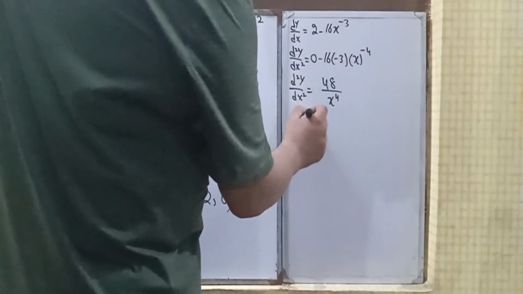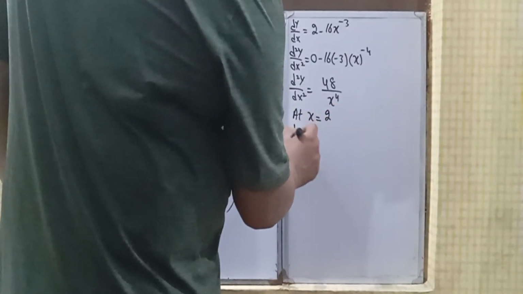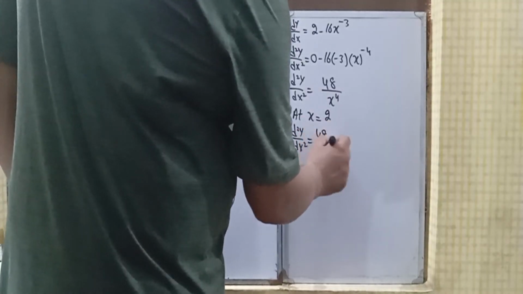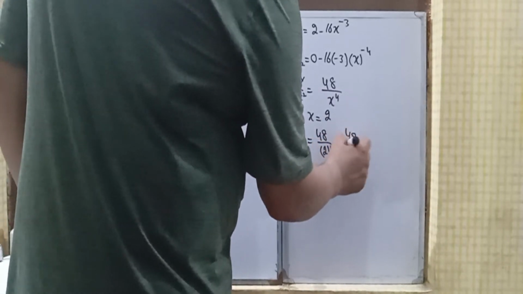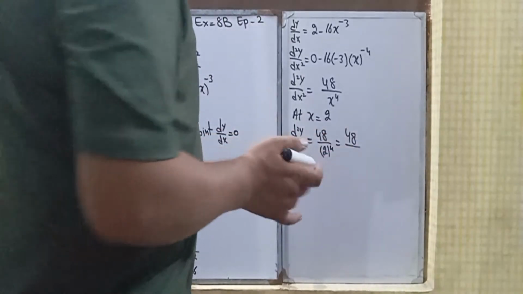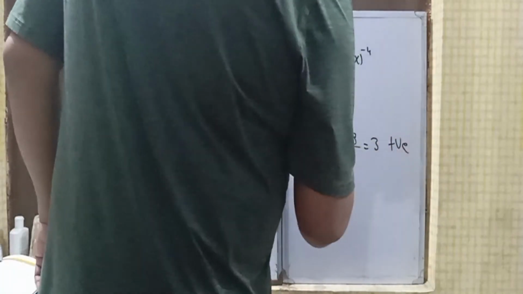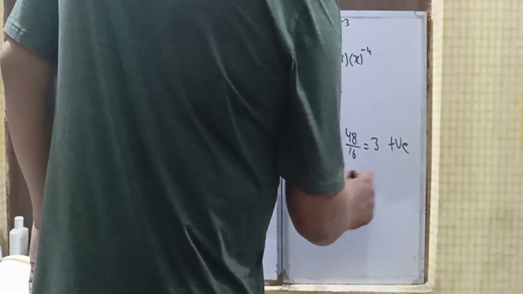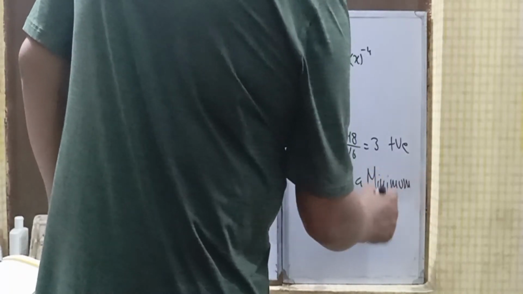At x equals 2, the value of d squared y by dx squared will be equal to 48 divided by 2 raised to power 4. 2 twos are 4, 4 twos are 8, 8 twos are 16, and this is a positive value. So that means the point (2, 6) is a minimum point.